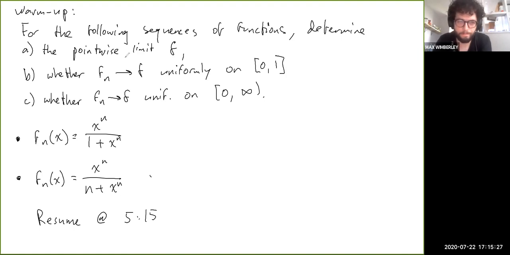All right, so let's go ahead and go over the warm up here. I'm going to go to a new page. For the first one, fn of x is x to the n over 1 plus x to the n.